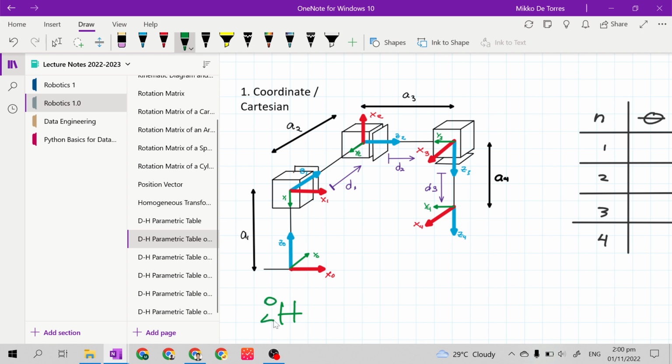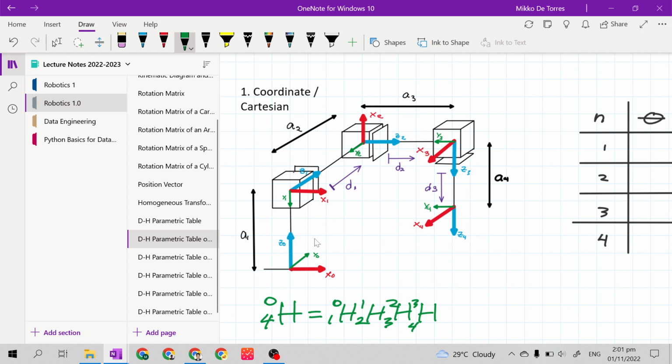Just like from the rotation matrix, they have the same rules in creating their equation. So H04 will come from H01 times H12 times H23 times H34.